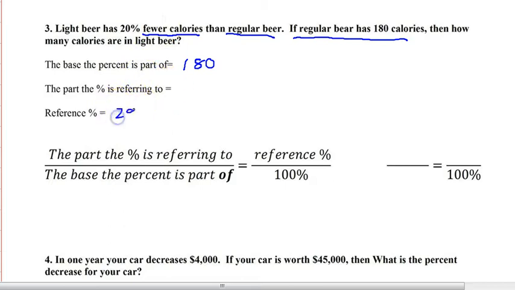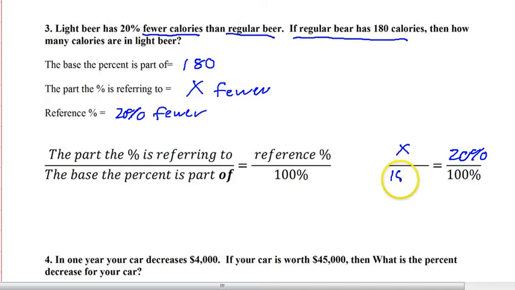So we know it's 20% fewer, which means the amount that we get is going to be the amount that is fewer. Okay, so we plug it in, and that is 20%. That's x, and that's 180. And we cross multiply.